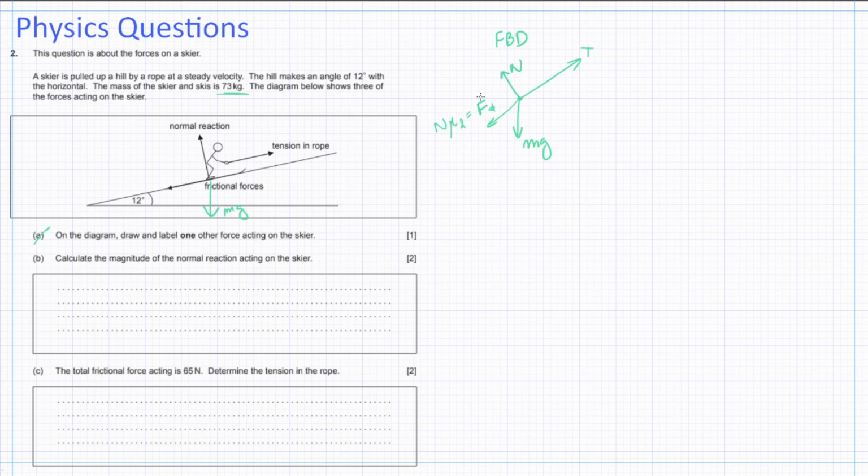The only thing that I have to notice here and remember is that the static friction levels with the force that you're trying to impose. If you have a block here and you're pulling it, your friction will increase as you increase your force up to a point where this force is larger than the maximum possible static friction.